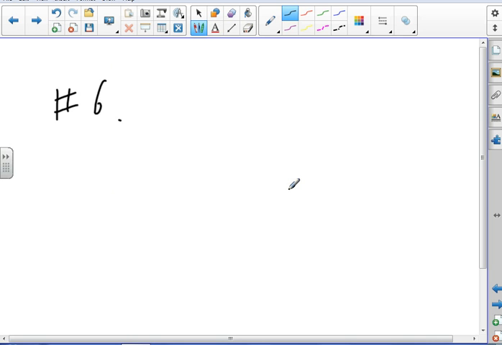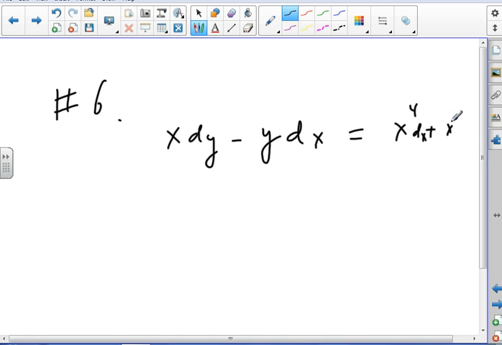Number 6. I have x dy minus y dx equals x to the 4th dx plus x squared y squared dx. Okay, well, because I'm in this chapter and I know I'm in this section, I know I'm supposed to get something that looks like what's on the other page.